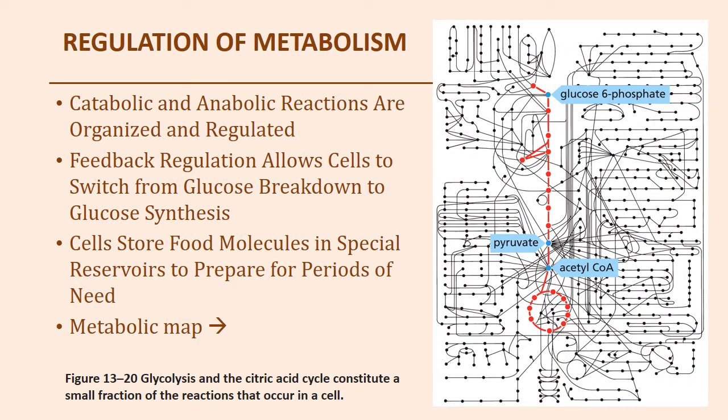Now, we've talked several times about catabolic and anabolic reactions. And we can take a look at this beautiful picture that's been posted for us on the right-hand side. This represents a metabolic map. The metabolic map is basically trying to showcase that the building and the destruction of molecules happens in a very organized and regulated pattern.